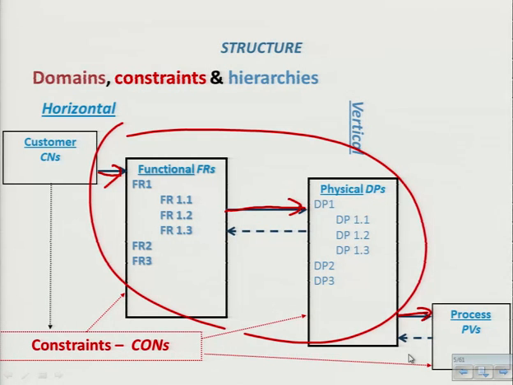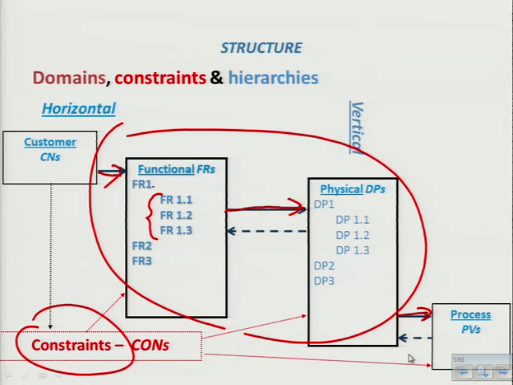The hierarchical decomposition is when we take FR1 and break it down into 2 or more components, which we would call FR 1.1, 1.2, 1.3, and so on. There's one other thing that we need to know about, and that's constraints, and those apply to the FRs and the DPs and the process variable, and we'll talk more about that later.